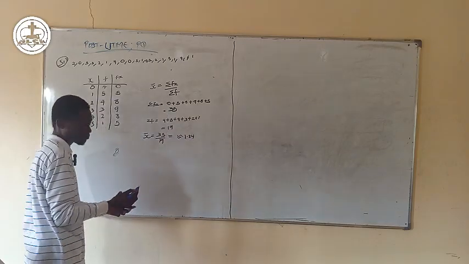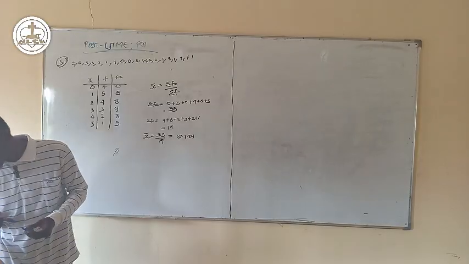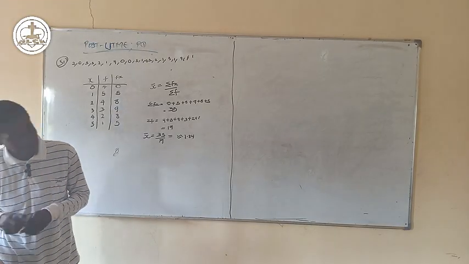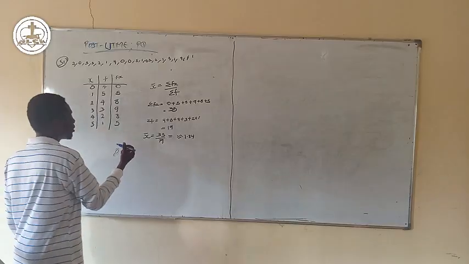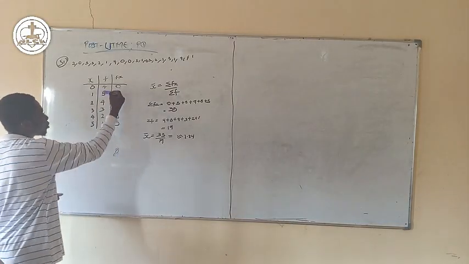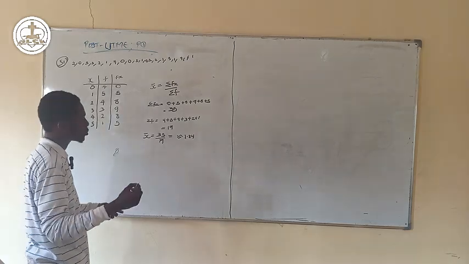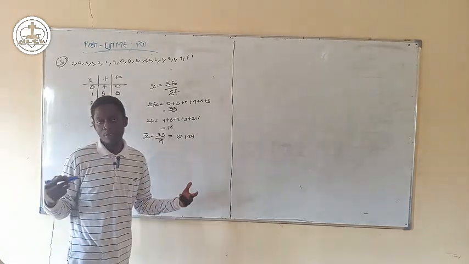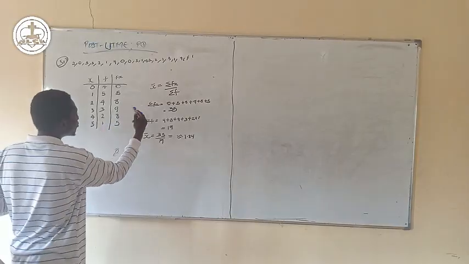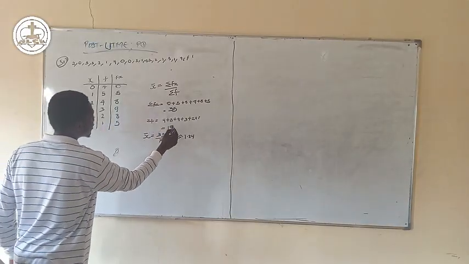This is our mean. Now we were also told to calculate the median and mode. In calculating our median, we need the total frequency to determine the particular formula that we will use. According to our calculations, our total frequency is 19.